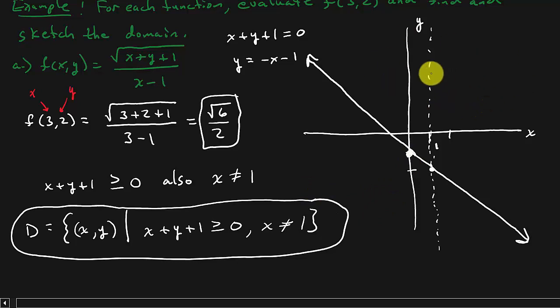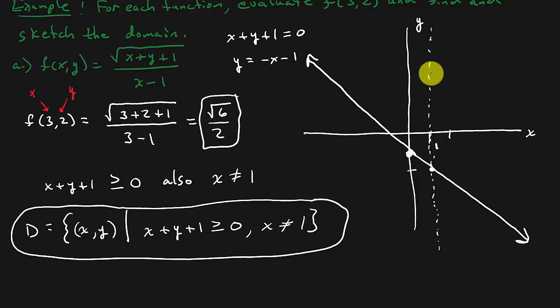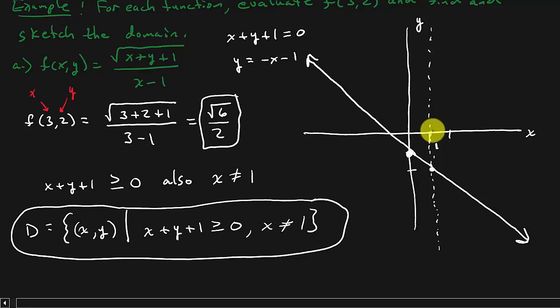Now, where's my domain? Is my domain down here or is it up here? Well, if you remember from algebra or pre-calculus, whatever you took, I can take a point above the line or I can take a point below the line. I'm just going to take a point above the line. I'm going to use the point 0, 0 because it's easiest to do.